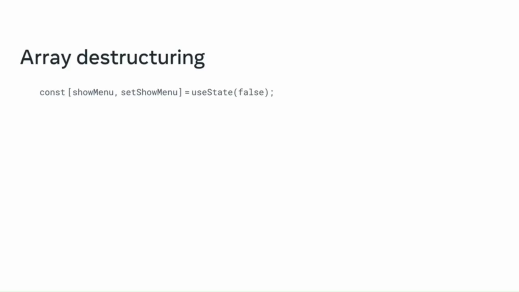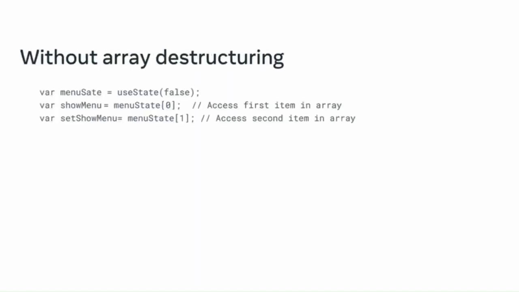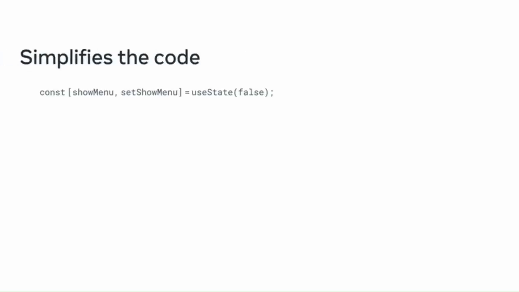When you declare a state variable using the useState, it returns a pair which is an array with 2 items. Without array destructuring, the code would be long and cumbersome. Since it's more confusing and tedious to access the array items by index, array destructuring is preferred, and it significantly simplifies the code. You now have a new state variable called showMenu.